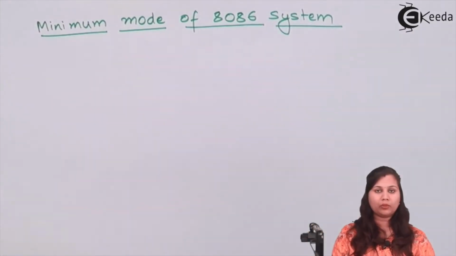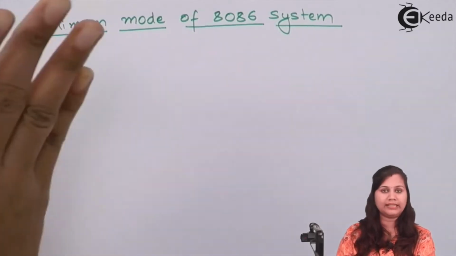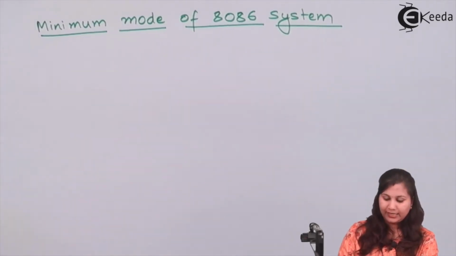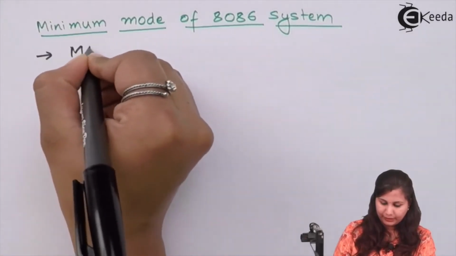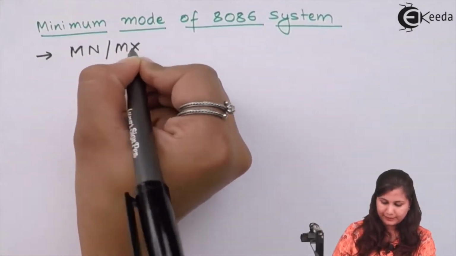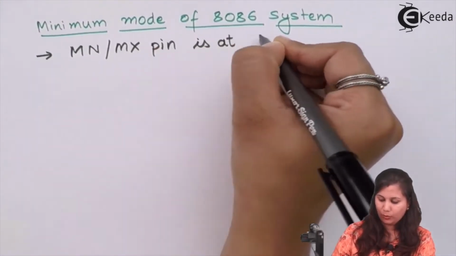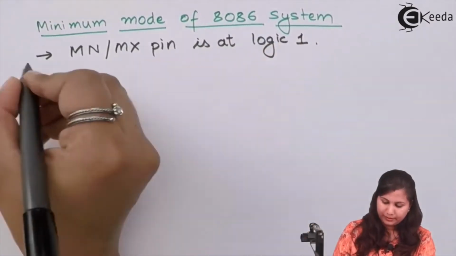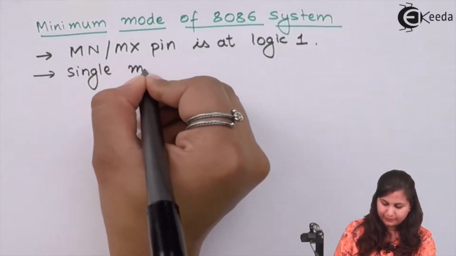So in the minimum mode, there will be only a single microprocessor, and that will be the 8086, and all the control signals will be provided by the 8086. This mode is selected when the MN/MX pin is at logic 1. There is a single microprocessor.